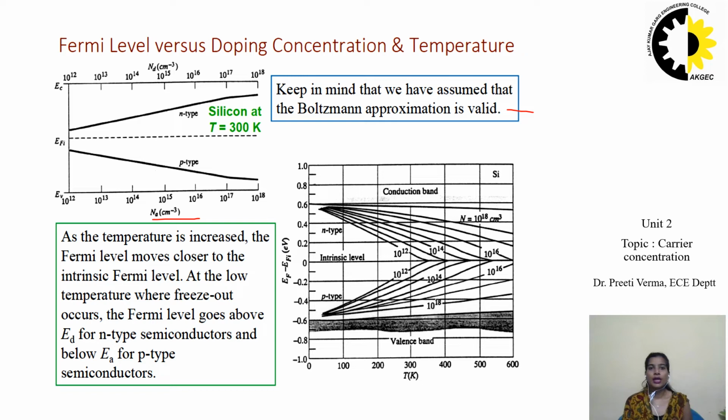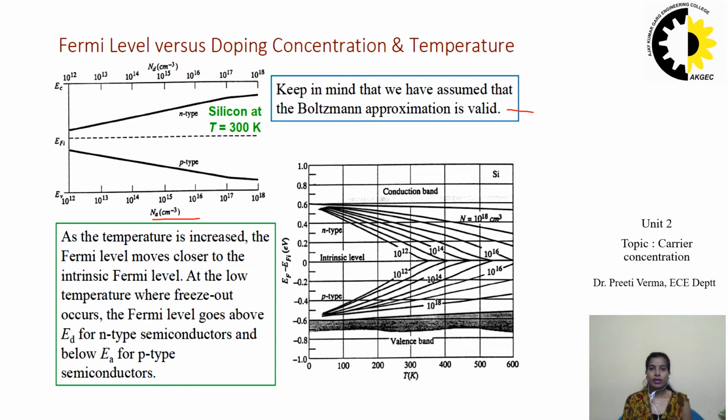Whenever we are discussing the concentration of charge carriers, we must keep in mind that all the calculations and analysis based on the values of n0 and p0, that derivation and the expression we have got, are by taking an assumption. That assumption is the Boltzmann approximation.